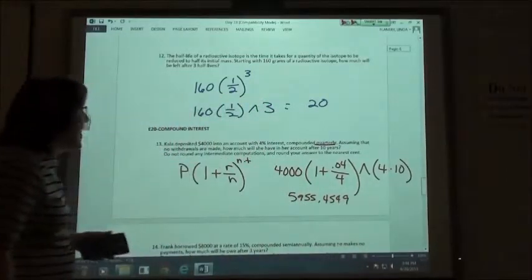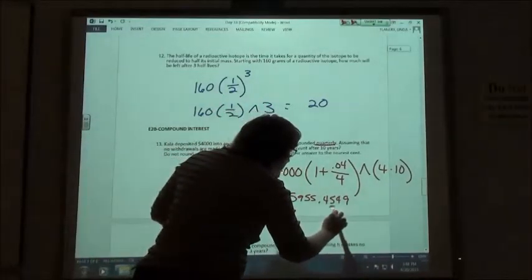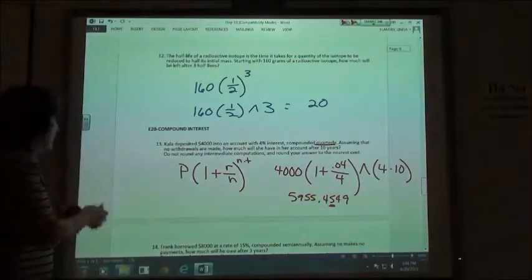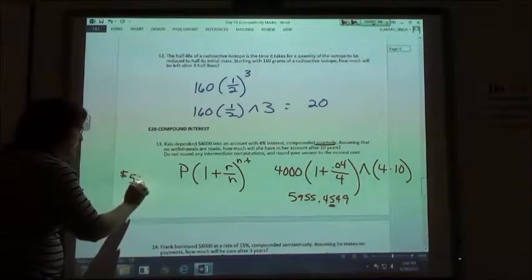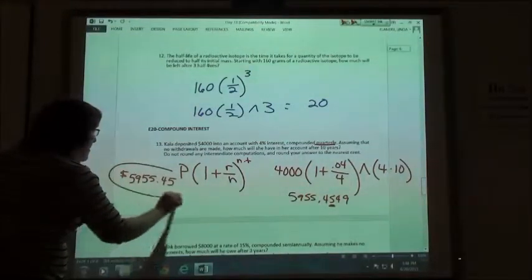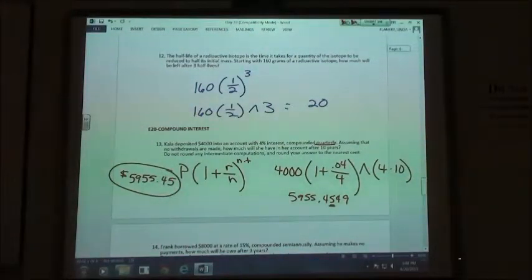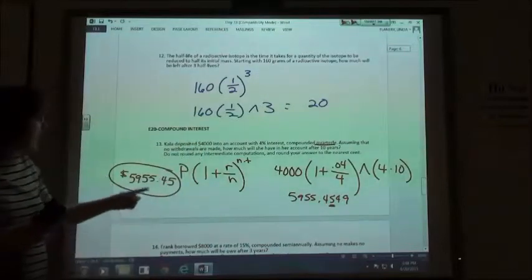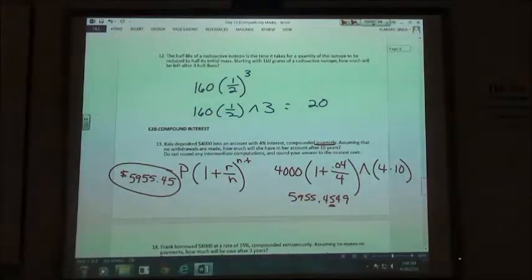We want to round these answers to the nearest cent, which is to the hundredth spot, $5,955.45. So we deposited $4,000. After 10 years, we'll have $5,955.45.